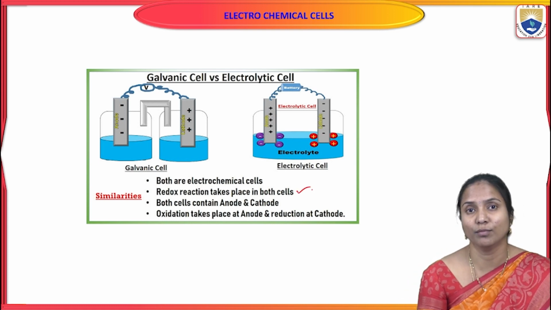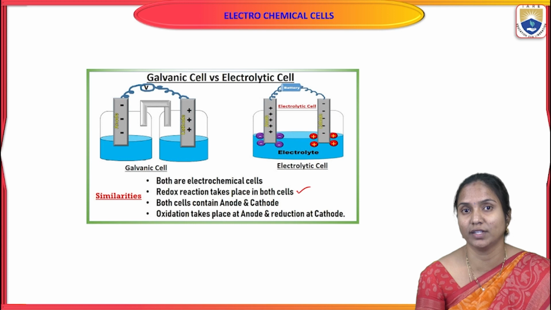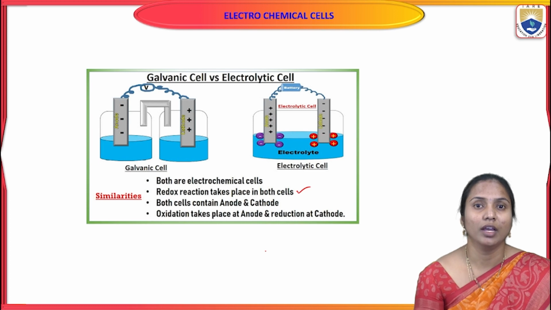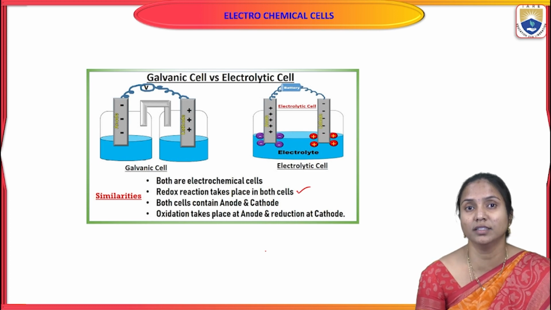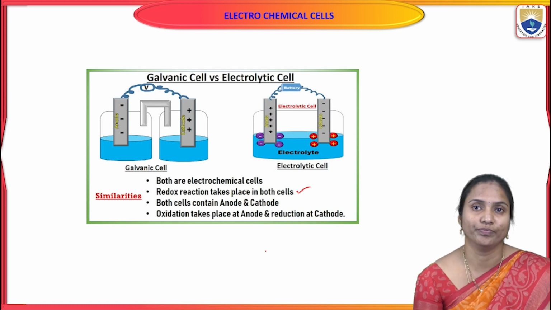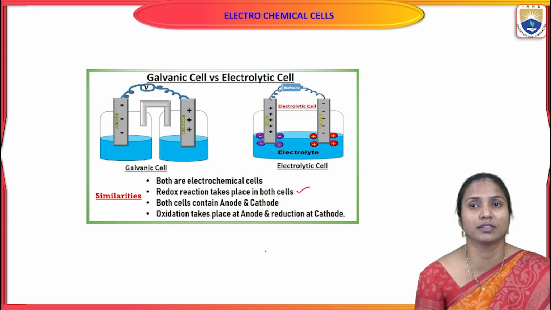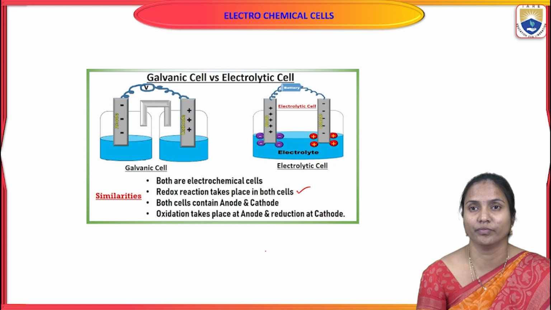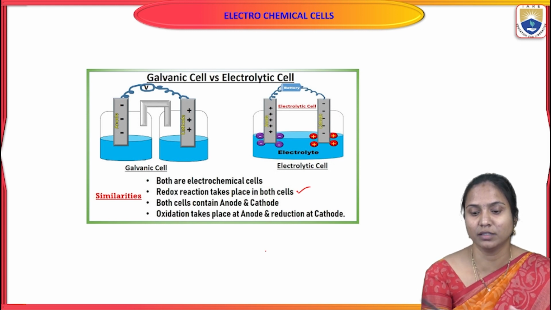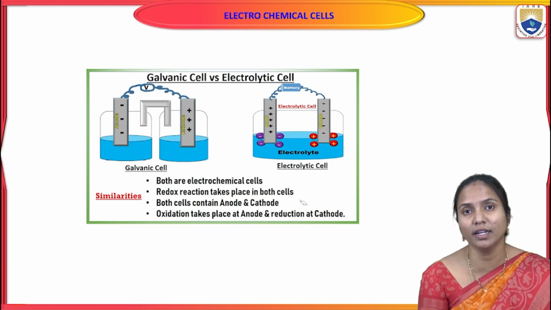Redox reaction means both oxidation and reduction reactions take place in these two cells. Both cells contain an anode and a cathode. Oxidation takes place at the anodic area and reduction reactions take place at the cathodic area. So these are the similarities between the electrochemical cell and the electrolytic cell.